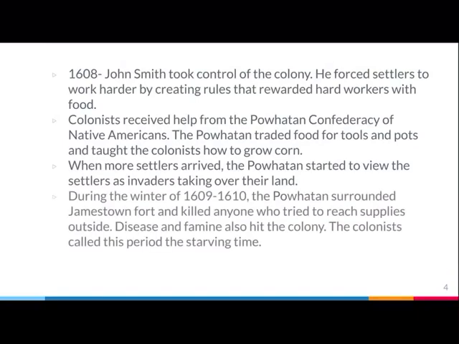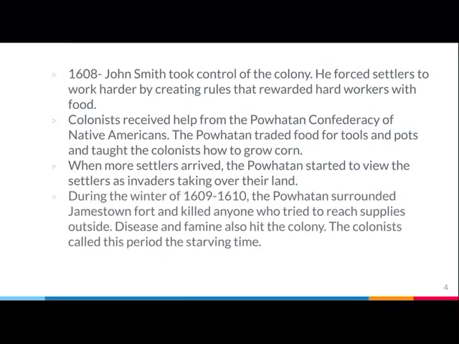And so during the winter of 1609 to 1610, the Powhatans surrounded Jamestown Fort and killed anyone who tried to reach supplies outside. We also see disease and famine. Famine is a lack of food, so people are not able to eat anything because there's no food to eat. It hit the colony, so disease and famine, so hunger.